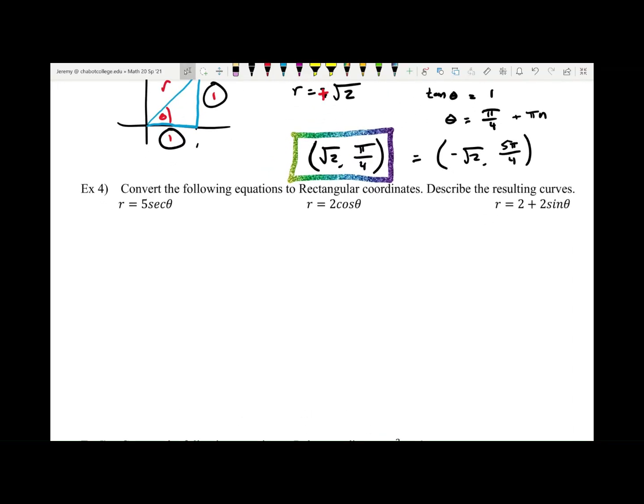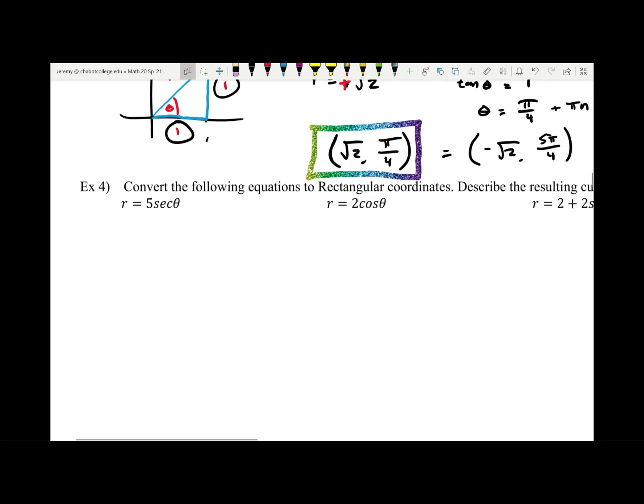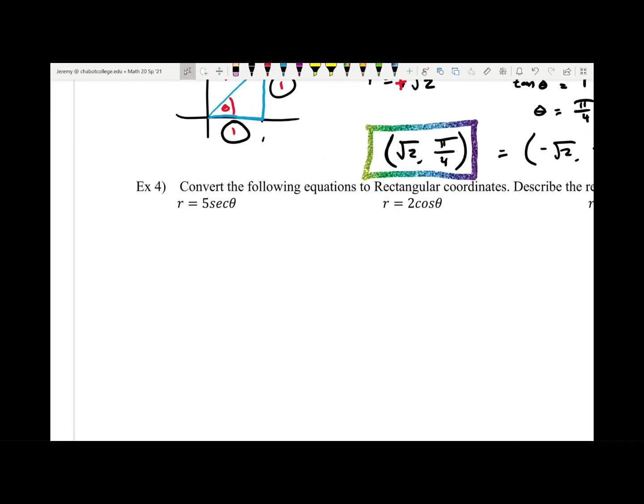So here's the tip for dealing with an equation in terms of r and theta and trying to get it back in terms of x and y. Remember, we've got these formulas here. r squared equals x squared plus y squared, so if you see an r squared somewhere, you can substitute in x squared plus y squared for it. If we have r cosine theta, we can plug in an x for that. If we have r sine theta, we can plug in a y for that.